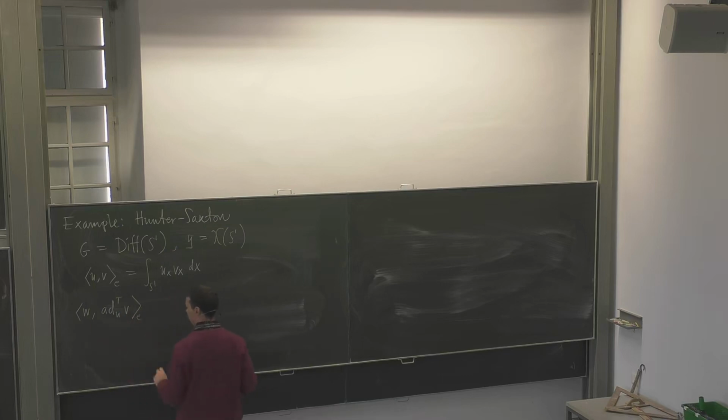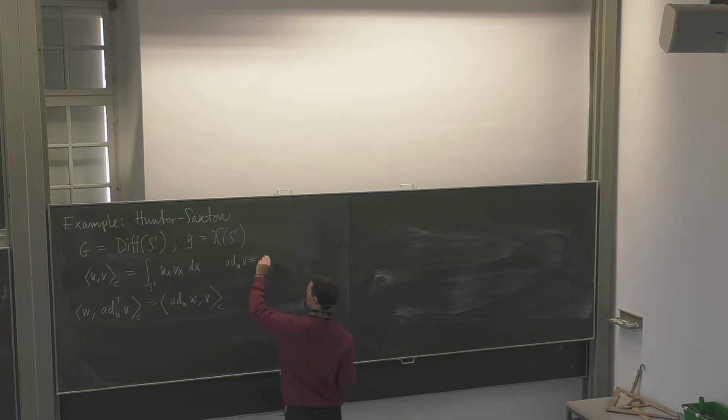When I pair with this in the inner product, this should be just ad_u applied to v, w paired with v. And here we know everything. We know what this is. So what is the bracket in this case?